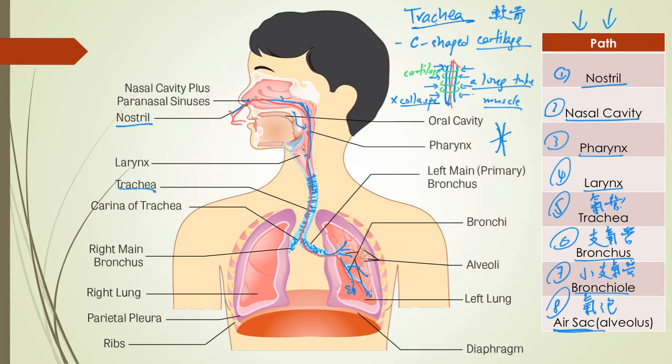If it collapses, the tube sticks together, and then he or she can no longer breathe because the trachea has collapsed. This cartilage can also be found in the bronchus as well, but cannot be found in the bronchiole because the bronchiole is already too small. You can no longer find the cartilage.